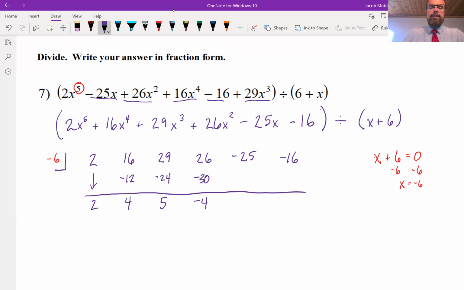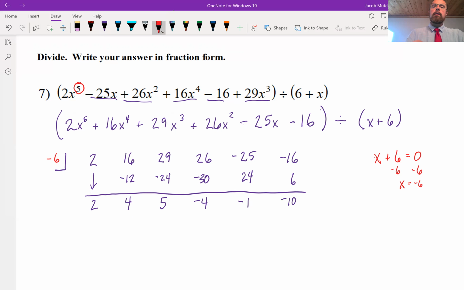Multiply. Negative 6 times negative 4, positive 24. Negative 25 plus 24 is negative 1. And my last product, negative 6 times negative 1 is positive 6. Negative 16 plus 6 is the remainder, negative 10.